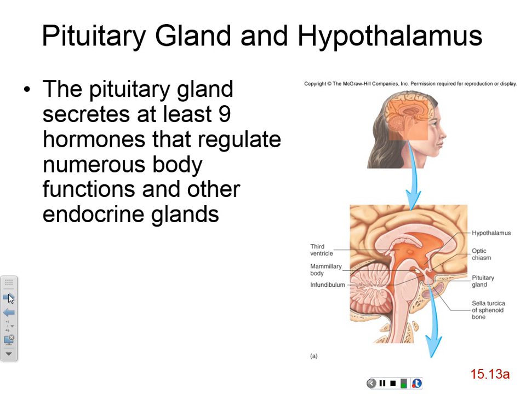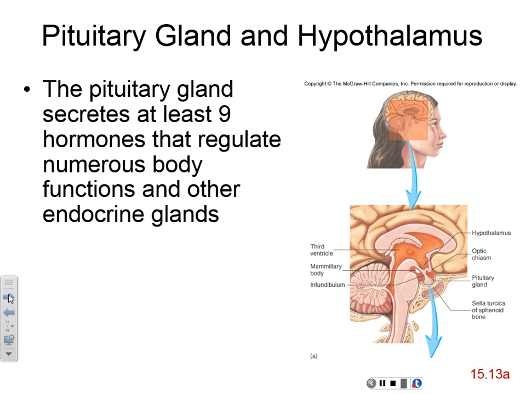We've got the anterior pituitary, which is towards the front, and the posterior pituitary towards the back. The anterior pituitary, called the adenohypophysis, is controlled by hormones released from the hypothalamus, like growth hormone releasing hormone, which will cause the secretion of growth hormone by the anterior pituitary.